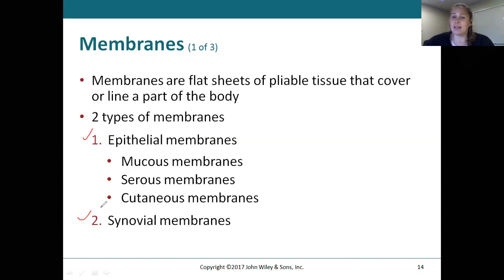We'll talk about examples of each one of these. Mucous membranes, serous membranes, and cutaneous membranes are all different types of epithelial membranes. They're made up of different types of epithelial tissues and serve each of their specific function because of their structure. So let's talk more about each one of those.